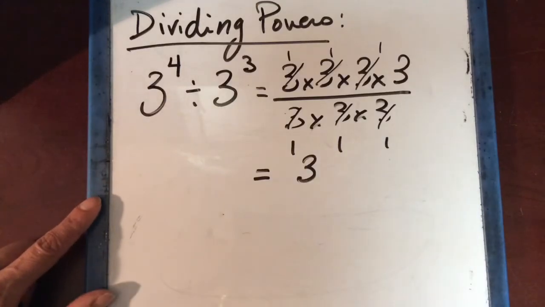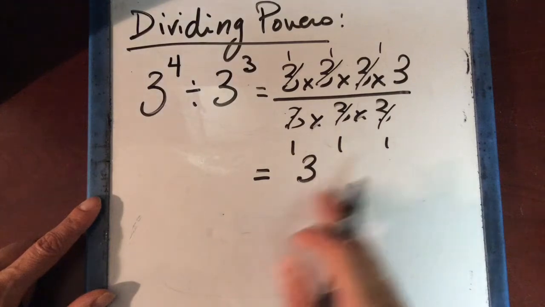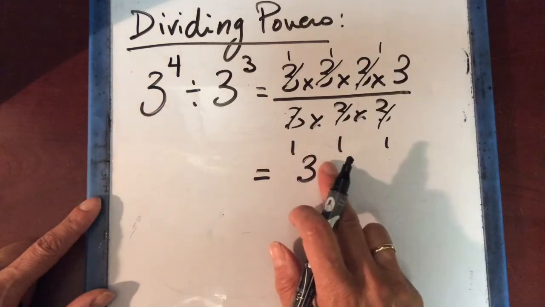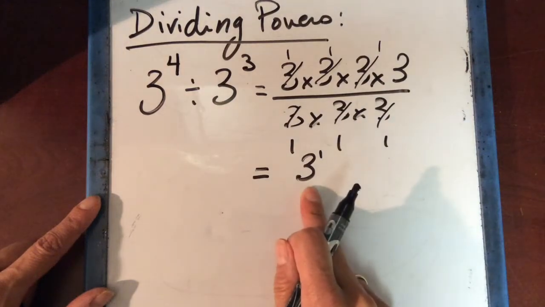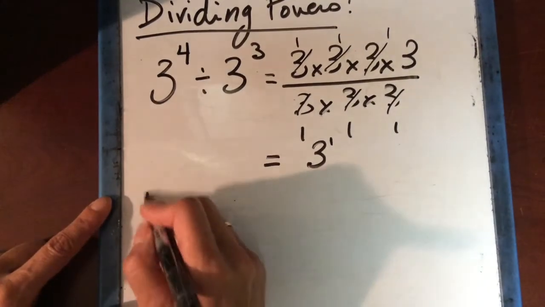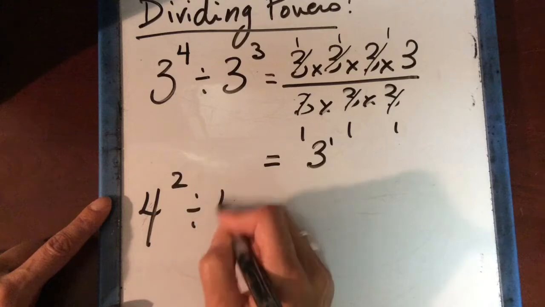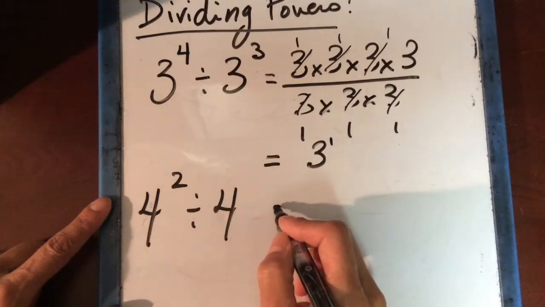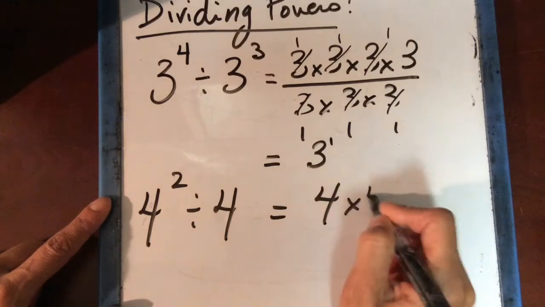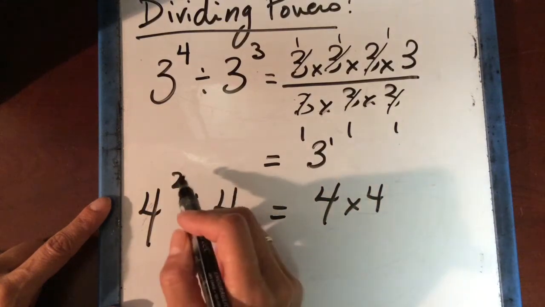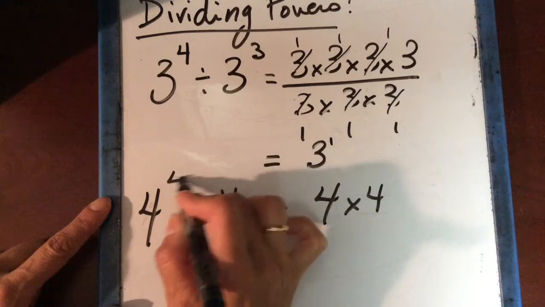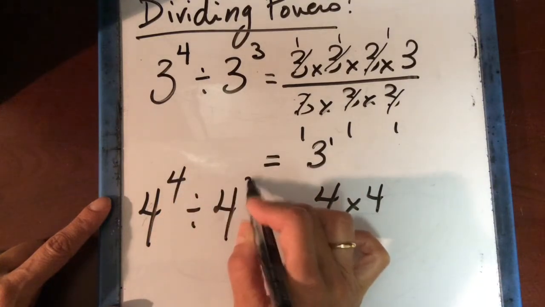I can keep doing this, but do you notice this is 3 to the exponent 1. I haven't put the 1 there, but it is always there because we can see there's a 3. Let's try another one. 4 squared divided by 4 is 4 times 4. Now let's change this. Let's make this into a 4 and this into a 2.